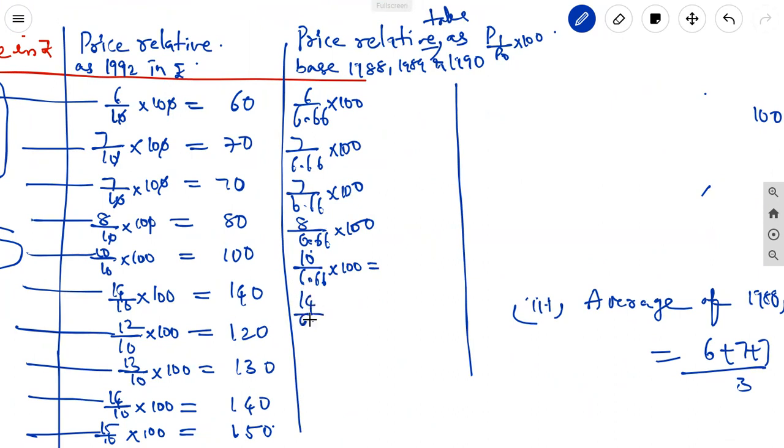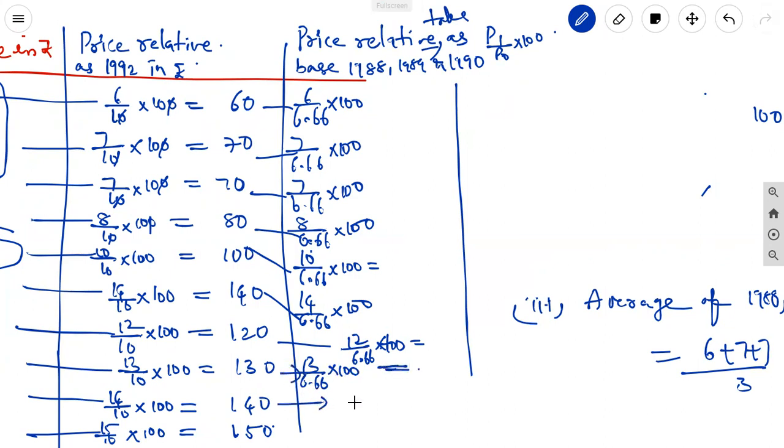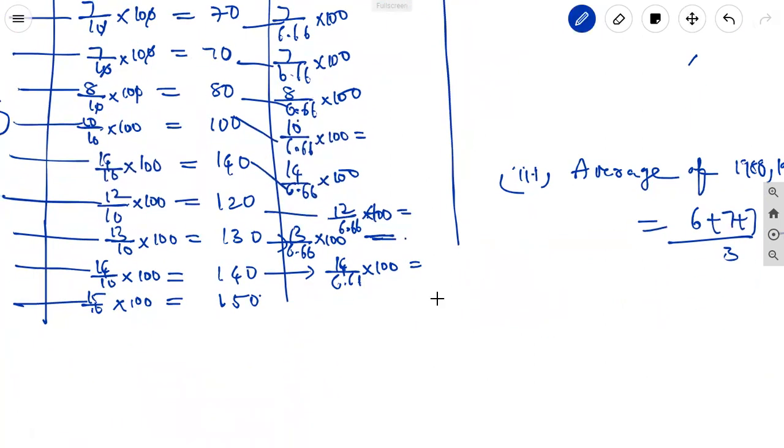14 by 6.66 into 100, 12 by 6.66 into 100, 13 by 6.66 into 100, 14 by 6.66 into 100, 15 by 6.66 into 100.